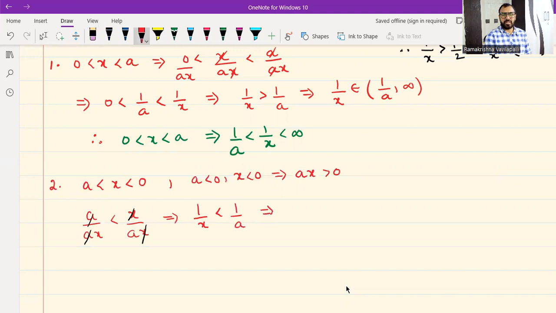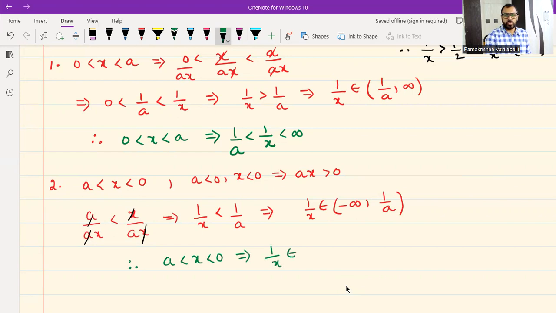Which means that 1 by x belongs to minus infinity to 1 by a. On the real line, 1 by x is less than 1 by a. So 1 by x belongs to minus infinity to 1 by a. So therefore, a less than x less than 0 implies 1 by x belongs to minus infinity to 1 by a.